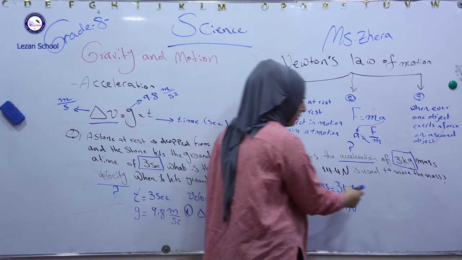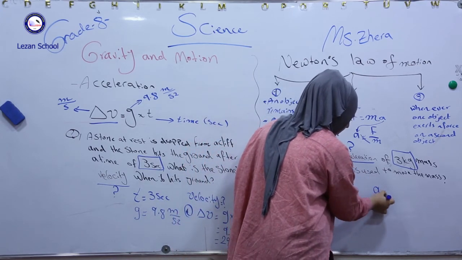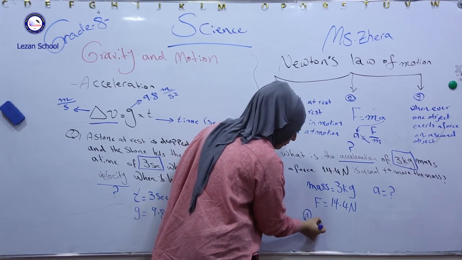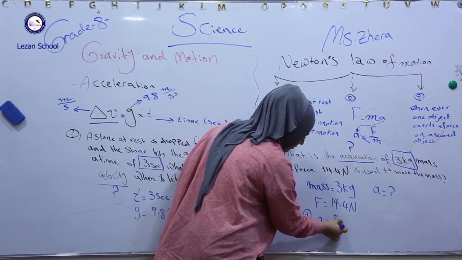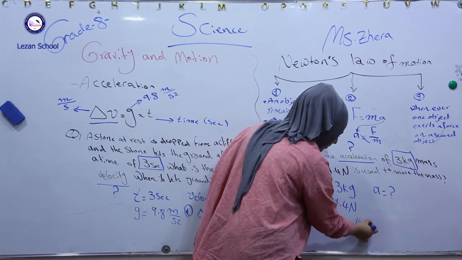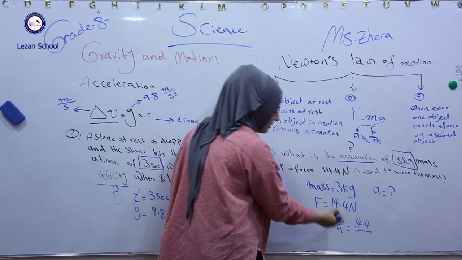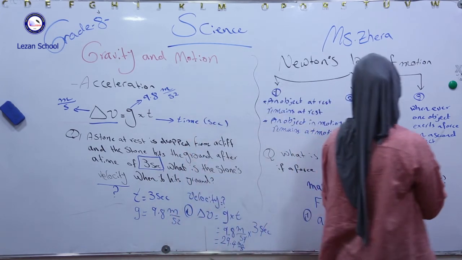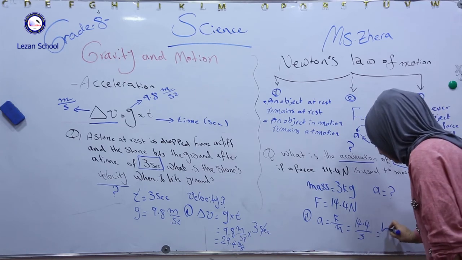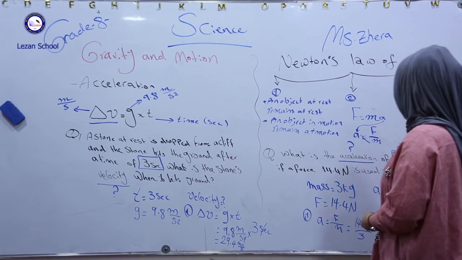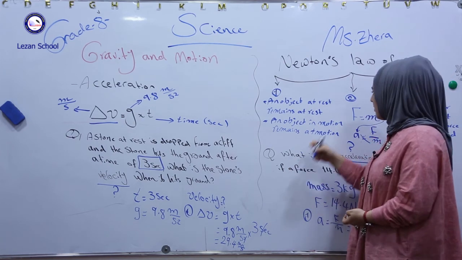What do we need? The acceleration, so a is unknown. The first step, write down the rule: a equals F over m. F is 14.4 and mass is 3. When divided, 14.4 divided by 3 becomes 4.8. This is the question for Newton's second law.